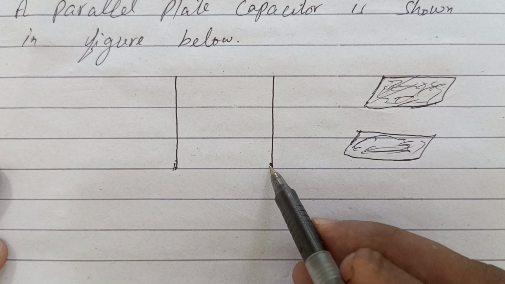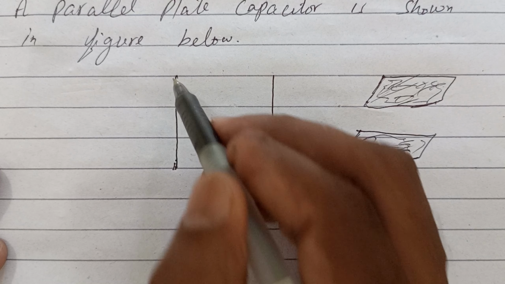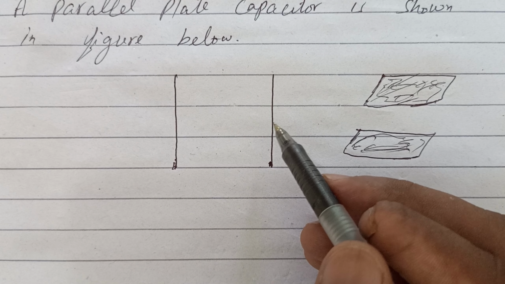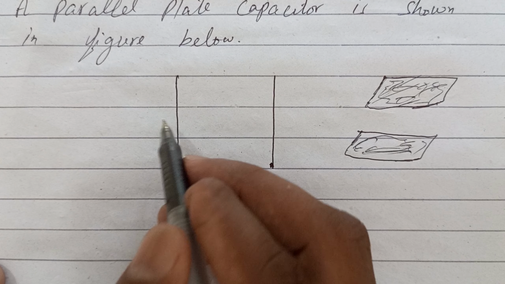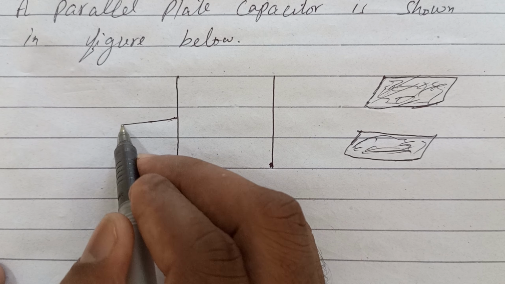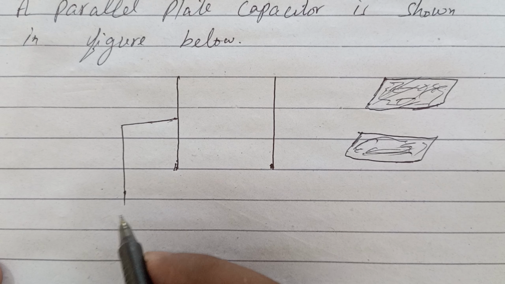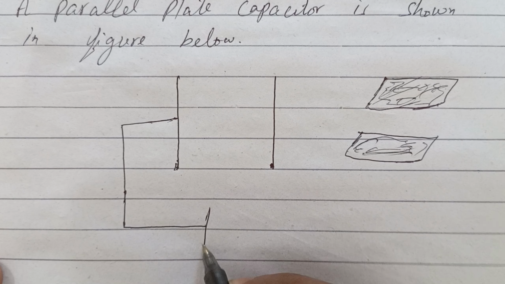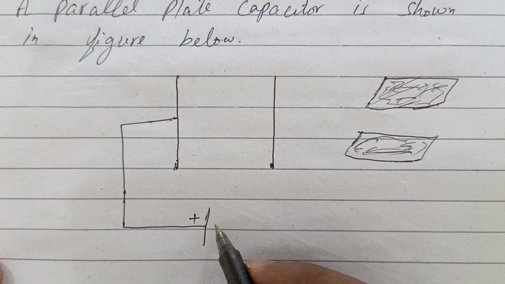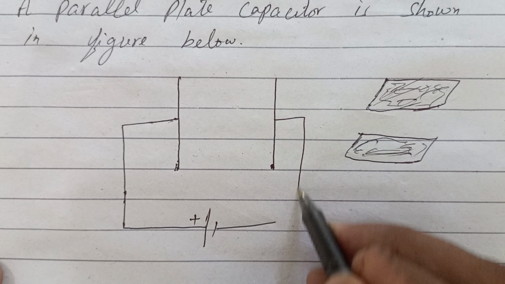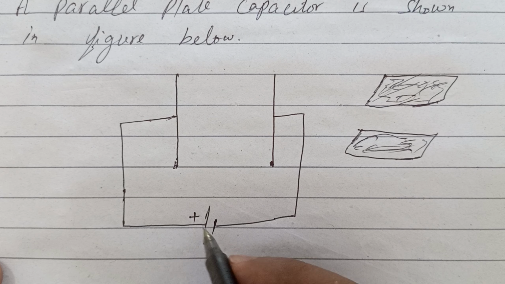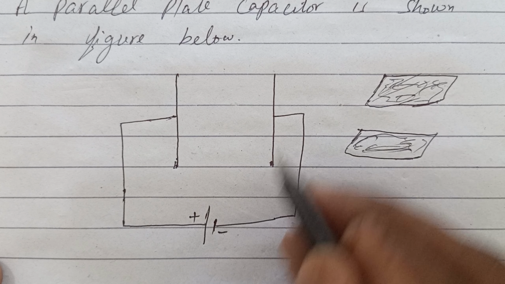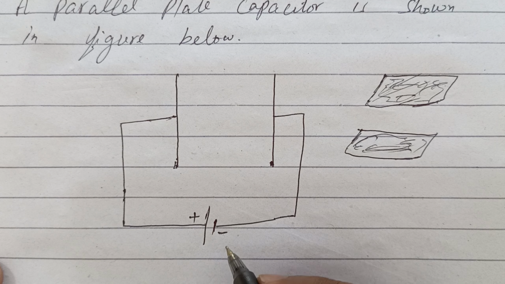These two lines also show both plates, and if the plates are connected with a battery, a voltage source, one of the plates is connected with the positive terminal of the battery and the other plate is connected with the negative terminal of the battery.